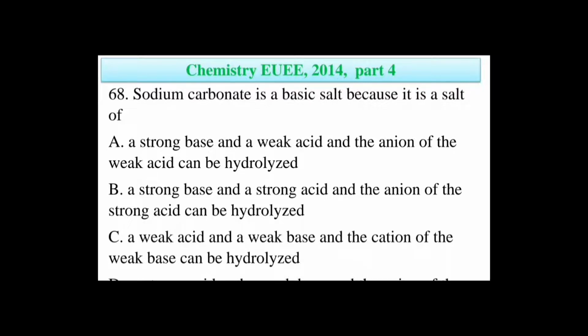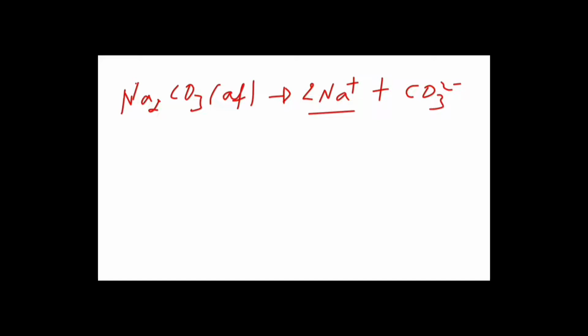So the question is why sodium carbonate is a basic salt. Sodium carbonate, Na2CO3, in aqua solution forms 2 sodium plus and carbonate ion. So the sodium plus is not hydrolyzed, but the carbonate ion is hydrolyzed, because solutions of salts can be basic when the anion of a weak acid is a moderately strong base and can be hydrolyzed.